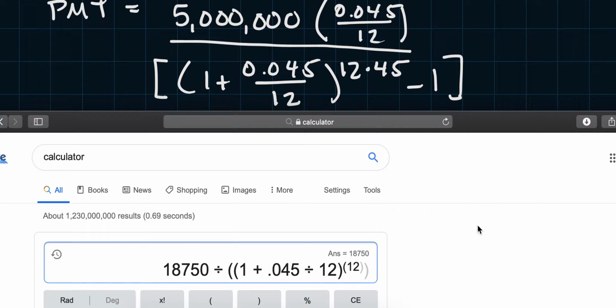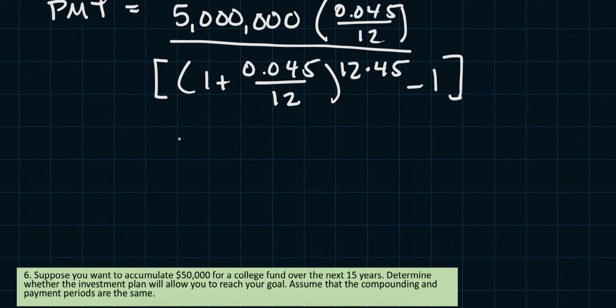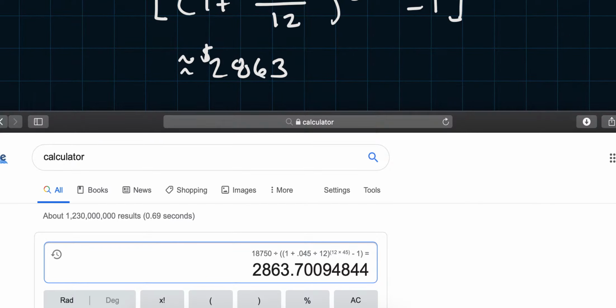Raised to the 12 times 45, subtract 1. Let's double check. 1 plus 0.045 divided by 12. In parentheses, I have 12 times 45. That's important. Subtract 1. Wow. $2,863. So let's write that. 2,863.70.